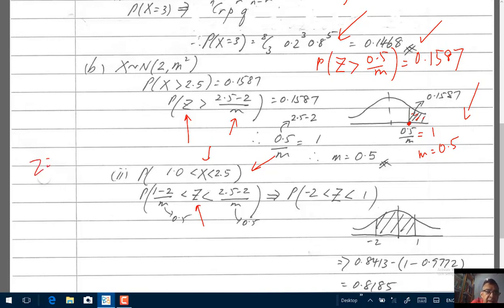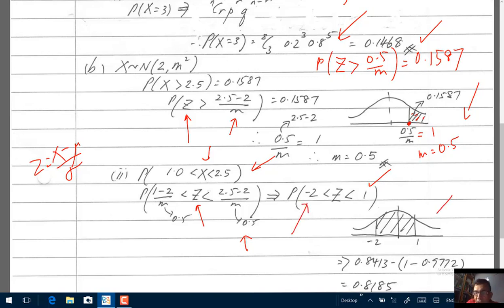This is called your standard score. So 2.5 minus 2 over m. What is m? m is 0.5. So 2.5 minus 2 over 0.5 is 1. And then I have 1 minus 2, this is mu, so minus 1 over 0.5 will be minus 2.